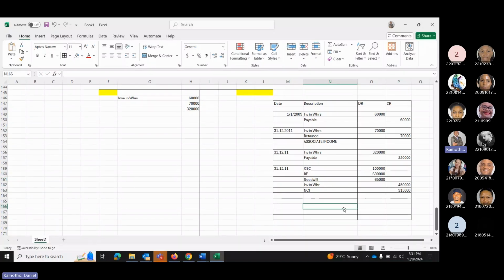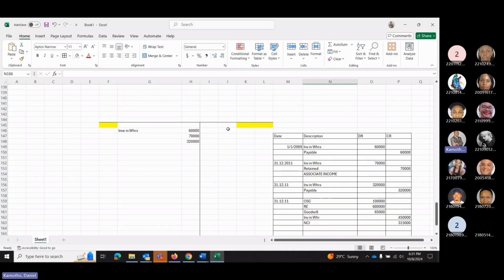So this journal is also a journal that calculates goodwill. You can see now the debit side is 765,000 and the credit side is 765,000. If you pass that, you put 450, and nothing would appear as investment.